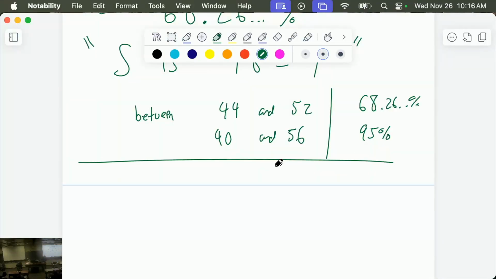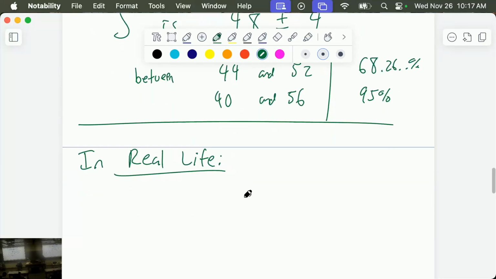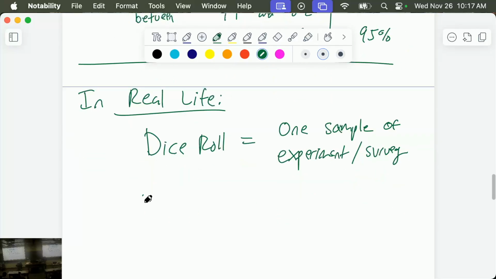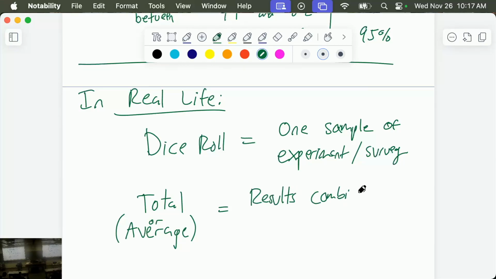So in real life, the dice roll equals one sample of an experiment / survey, and the total, and by the way, it also works for the average, equals results combined from many samples.